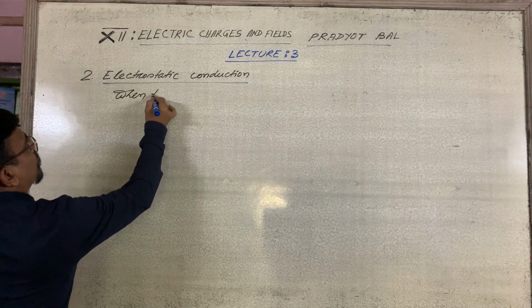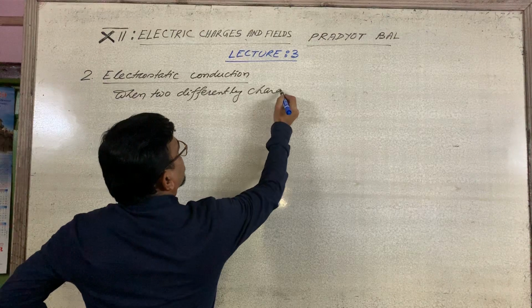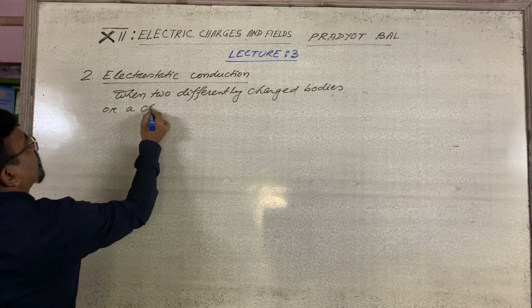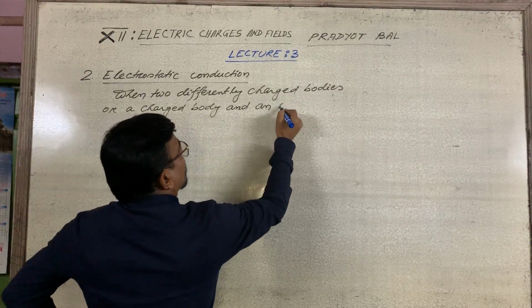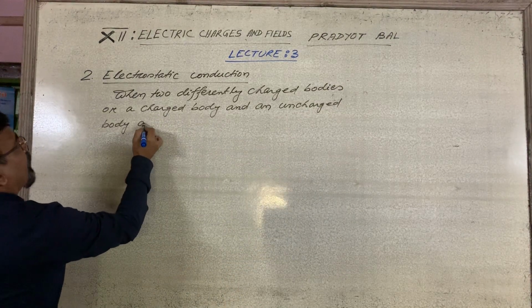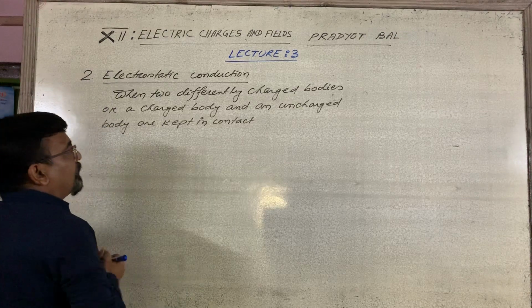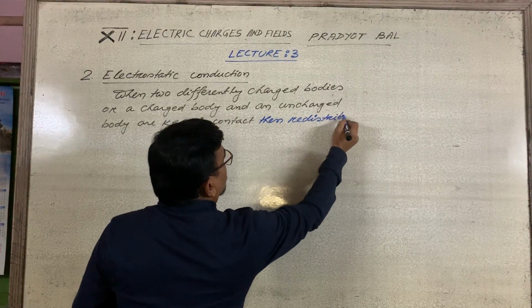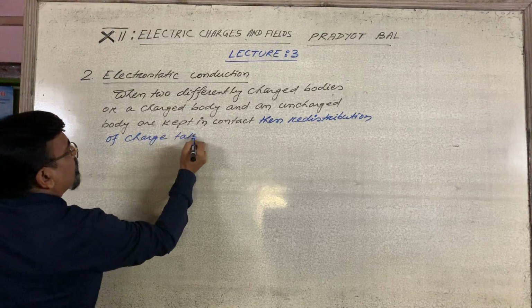When two differently charged bodies, or a charged body and an uncharged body, are kept in contact, then redistribution of charge takes place.